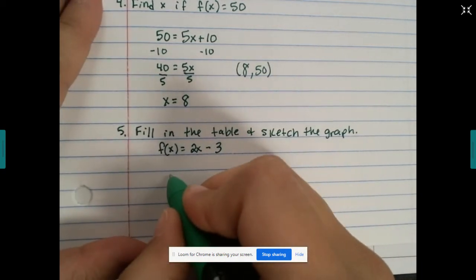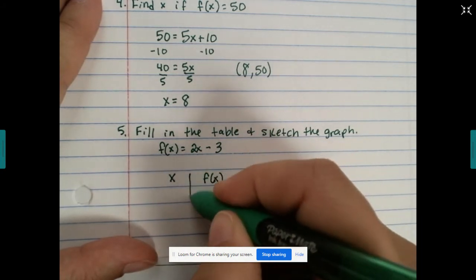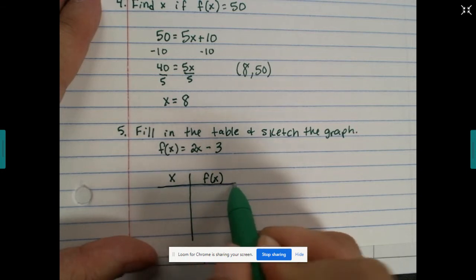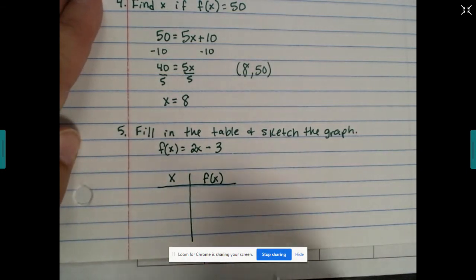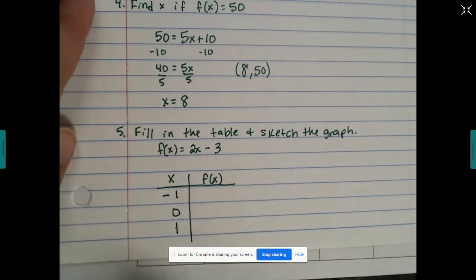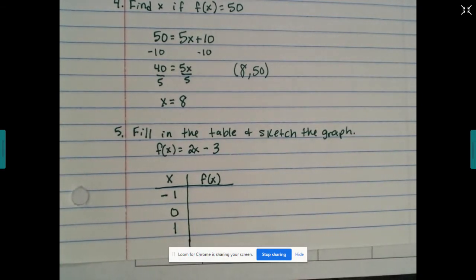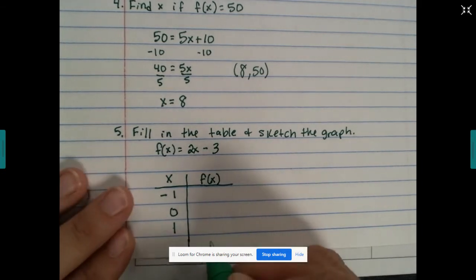And so let's say that our table is, again, we have x and f of x. And so let's say we want to find -1, 0, and 1. And then let's say it gives us that one f of x value is 5.